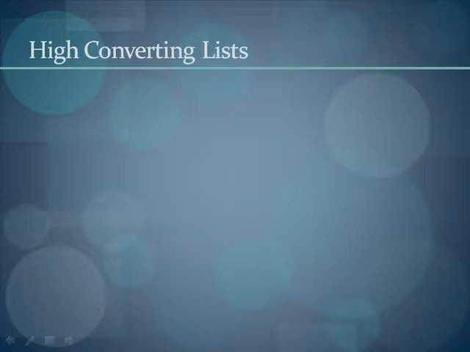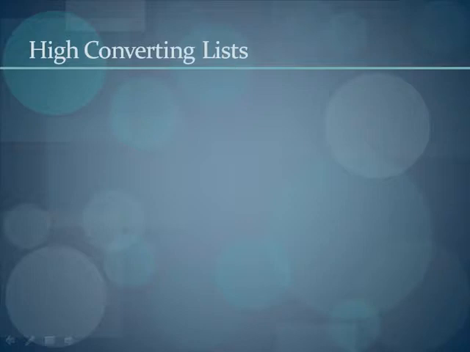In the last video, we talked about what a list is, and basically, it's just assembling a database, if you will, of email addresses, and usually names, sometimes even phone numbers. But just having a list of people's names and email addresses is not what's going to bring in the big bucks.